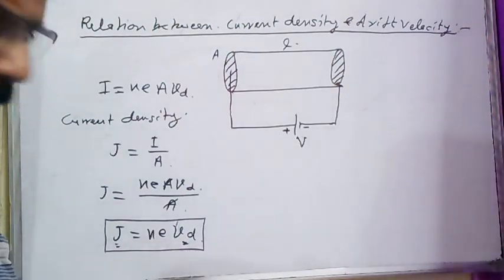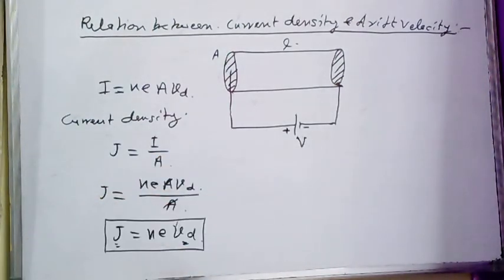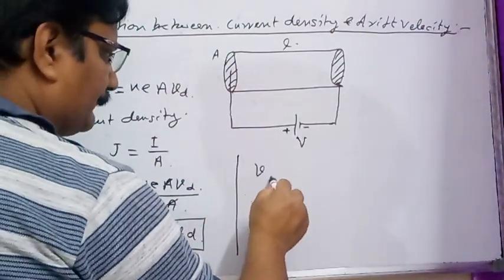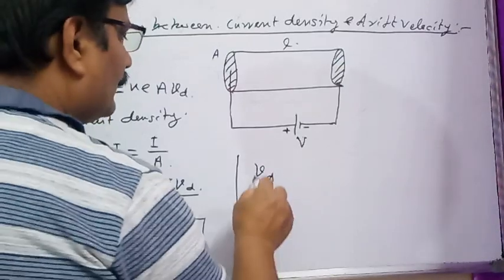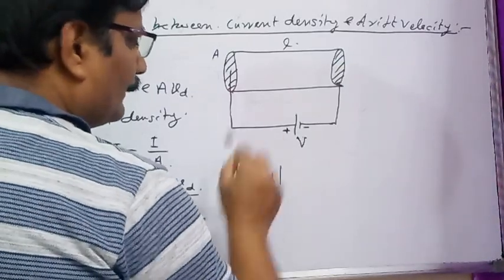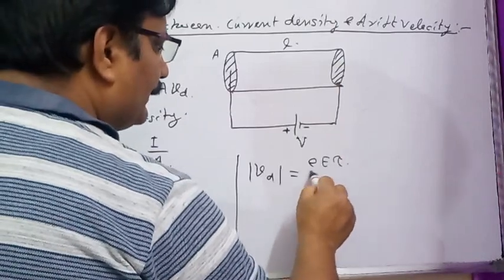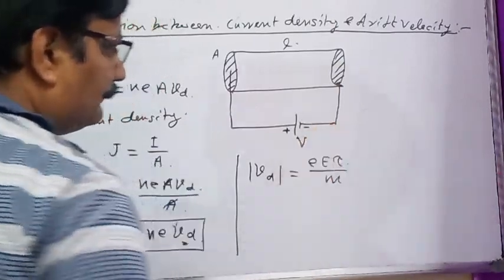Again we are coming back towards drift velocity. As we have derived the formula for drift velocity of an electron in a conductor, vd is numerically equal to E tau divided by m.